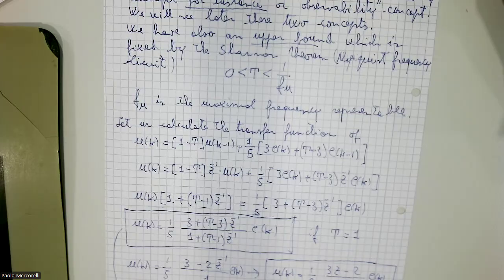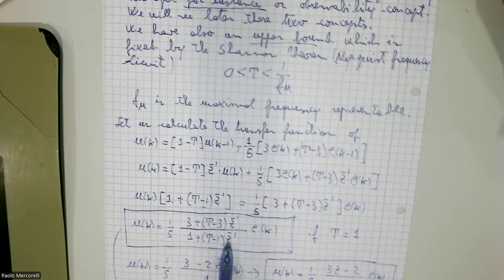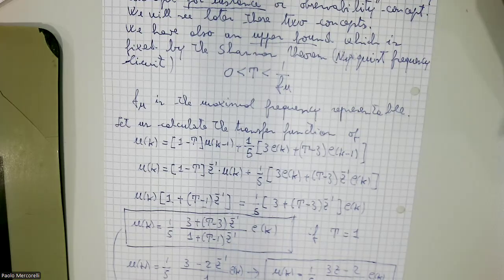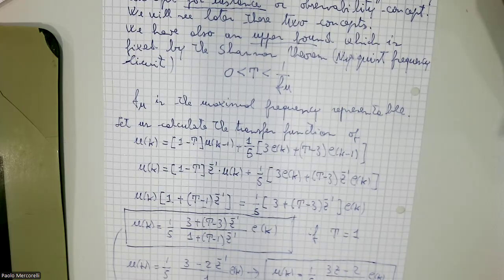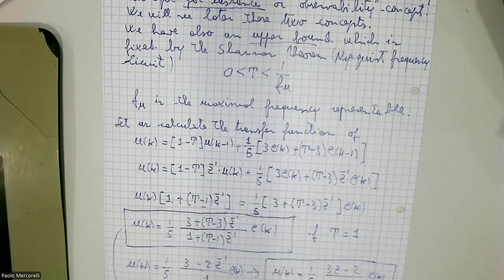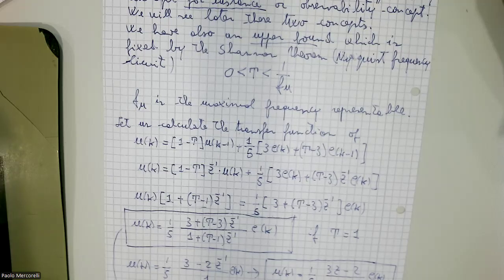As you see here, instead of z minus 1, which for us has more physical sense, in this mathematical form we can see that the transfer function, u of k divided by e of k, has a numerator and a denominator, as in s.